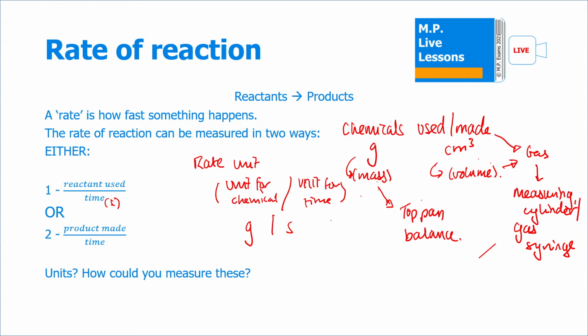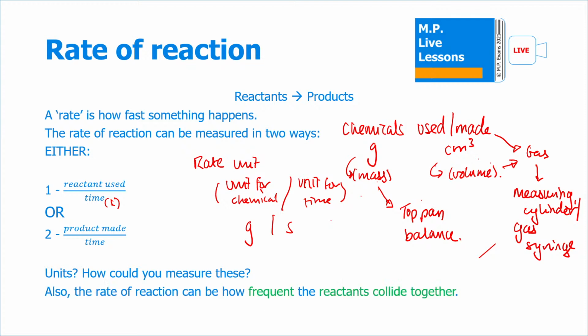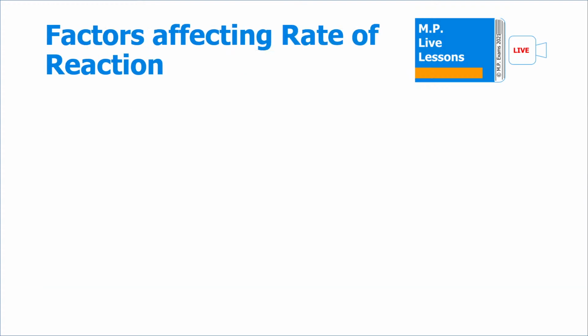Now the mass can increase or decrease depending on the reaction. You could also note that the rate of reaction can be how frequent the reactant particles collide together. This can actually help us explain how the rate of reaction can change depending on a condition. So these tend to be 3 to 4 mark questions, so these are quite important.